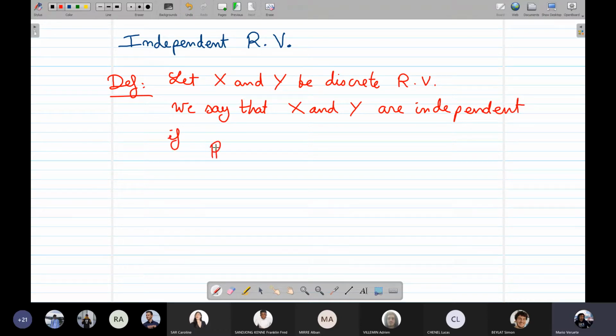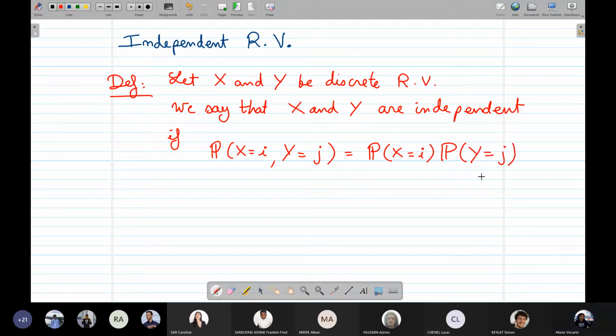the probability that x equals i and y equals j, this is not a conditional probability, it's just the probability that x equals i and y equals j, is simply the probability that x equals i times the probability that y equals j.